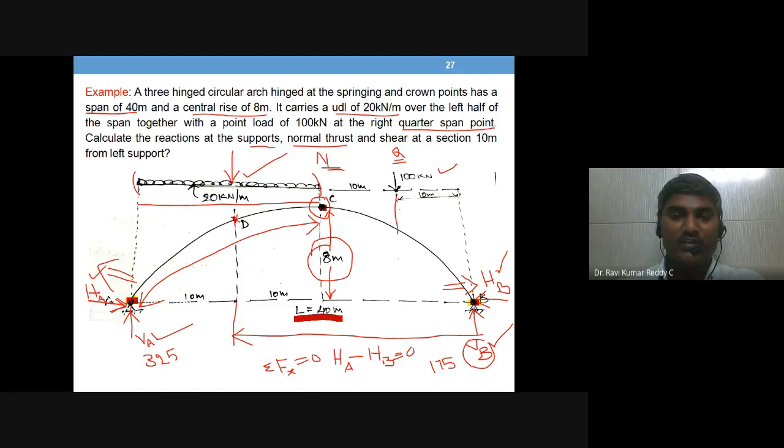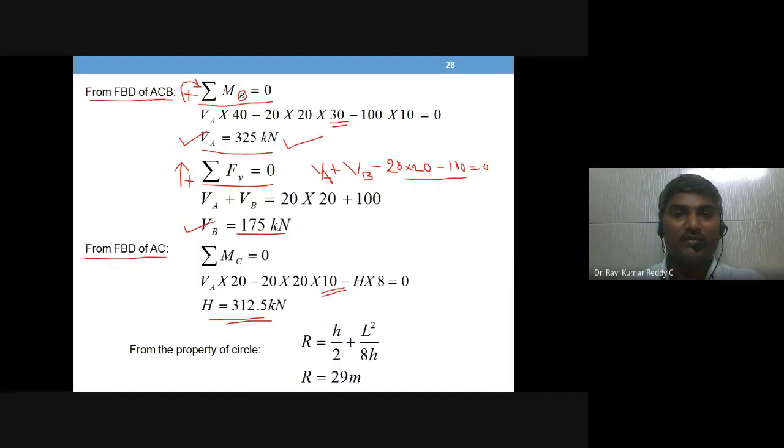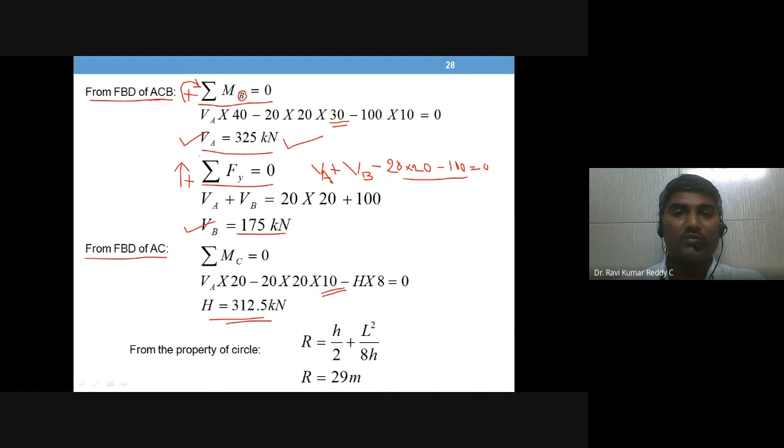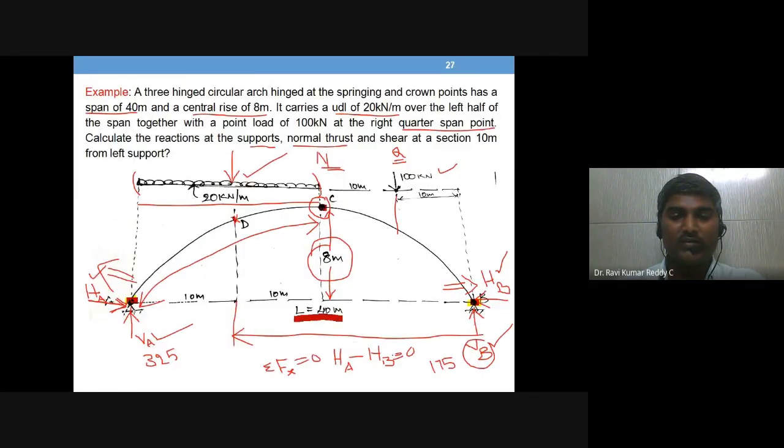So you need 4 equations, but we have only 3 equilibrium equations that we apply: sigma M equal to 0, sigma Fy equal to 0, and sigma Fx equal to 0. With all 3 we are able to solve only VA and VB, and by using sigma Fx equal to 0 we will know that the horizontal reactions are the same and it is only H.